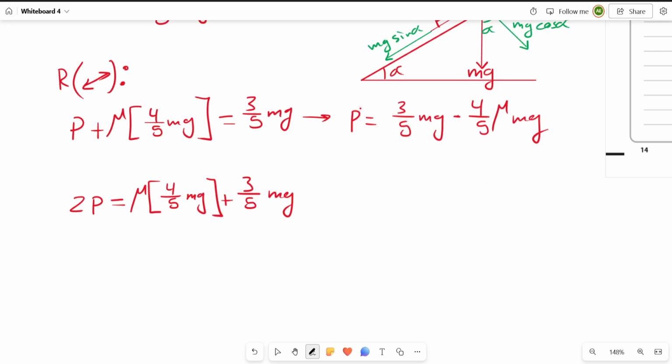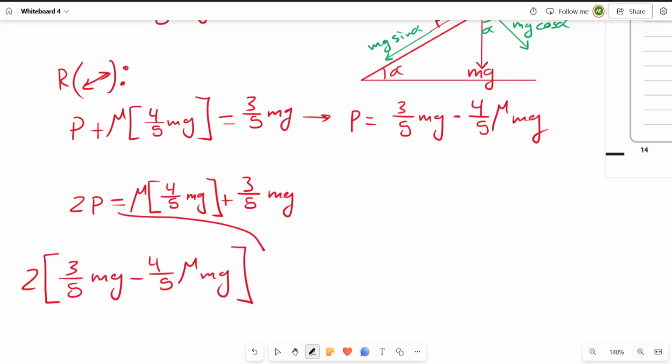And I can see that I can substitute this p all the way over into here. So now this is going to be 2 times, instead of p now, I'm going to put in 3 over 5 mg minus 4 over 5 mu mg.